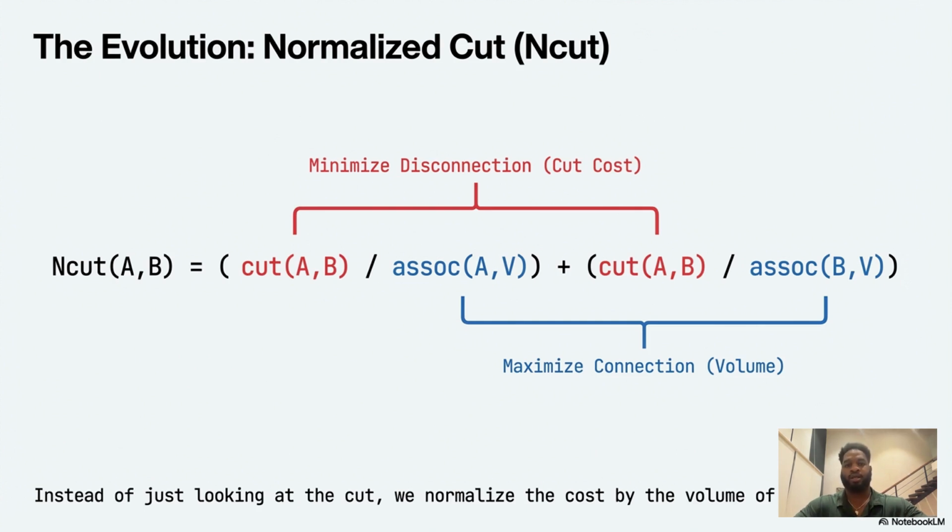And what does adding this one tiny division step do? Well, it changes everything. In short, it punishes imbalance. It basically puts a huge penalty on any cut that produces one massive piece and one tiny insignificant little speck.